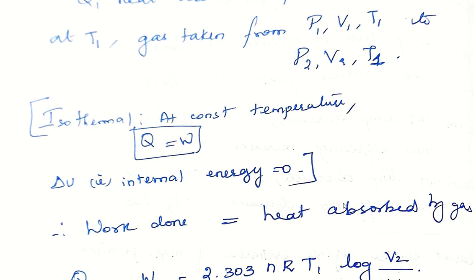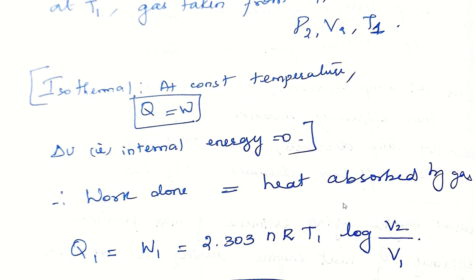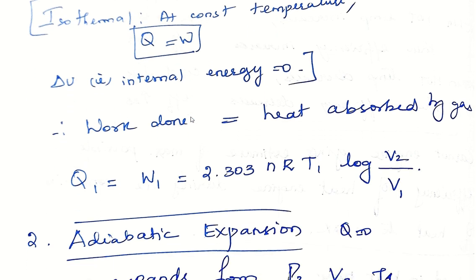At isothermal expansion, as the temperature is the same, as per the first law of thermodynamics, the heat energy Q is equal to the internal energy change plus work done, and the internal energy change is zero at constant temperature. Therefore the equation becomes Q equals W, so the work done is completely equal to the heat absorbed by the gas.